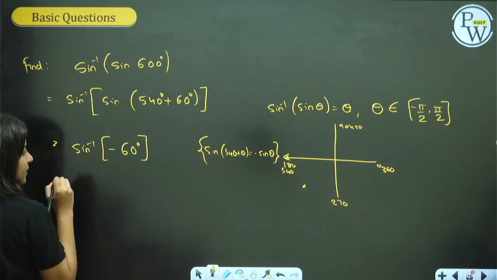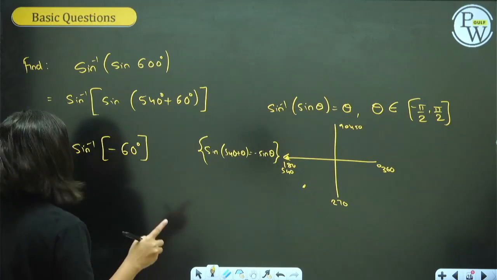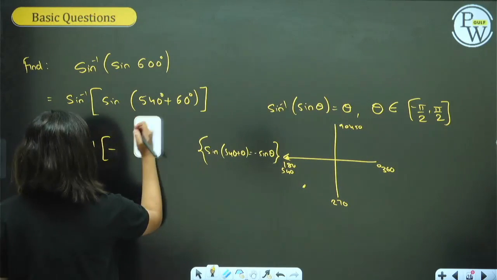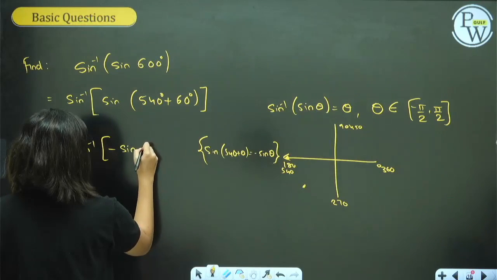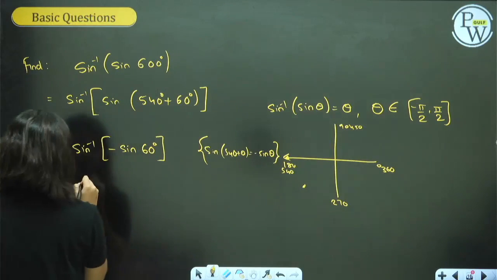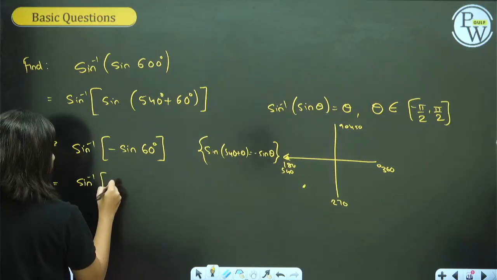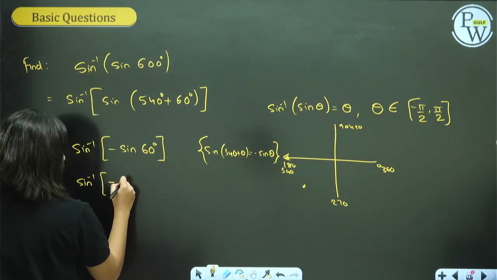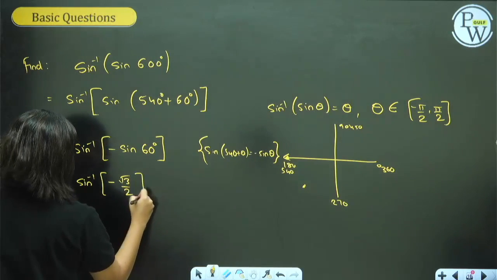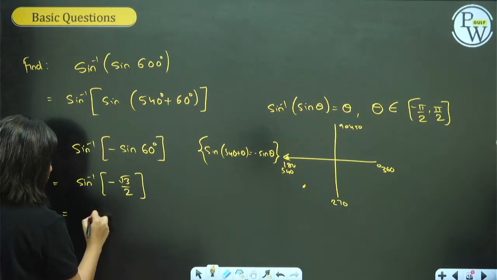Sine inverse of minus theta, what happens? What happens to minus sine theta? Which is sine inverse of minus sine 60, root 3 by 2. Sine inverse of minus root 3 by 2 using the property.